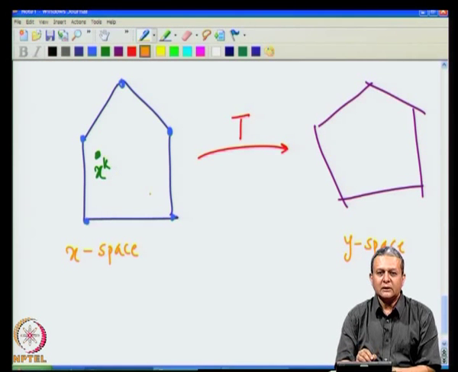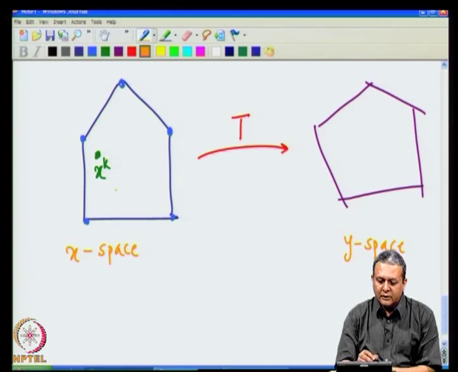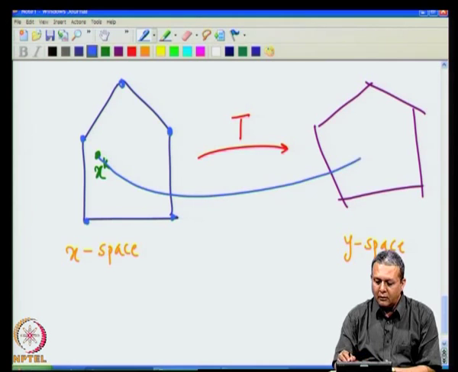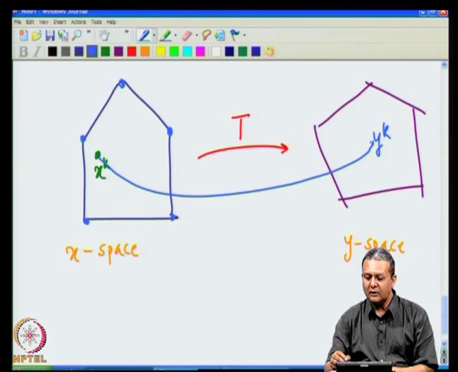So, the feasible region in the x space is transformed to some feasible region in the y space such that the point xk is mapped to a point yk in the new space, where yk is close to the center of the feasible region.